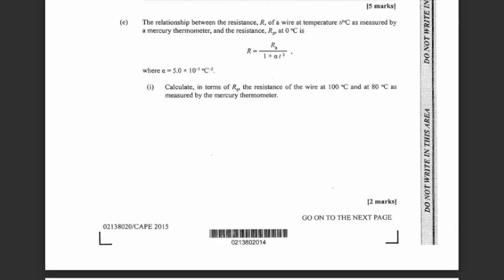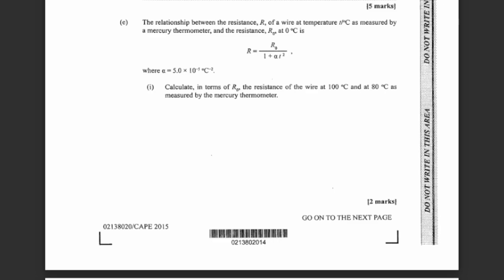Alpha is going to be 5.0 times 10 to the minus 5 per degrees Celsius squared. So that's the information that they gave us. Now, calculate in terms of R0 the resistance of the wire at 100 degrees Celsius and at 80 degrees Celsius as measured by the mercury thermometer.